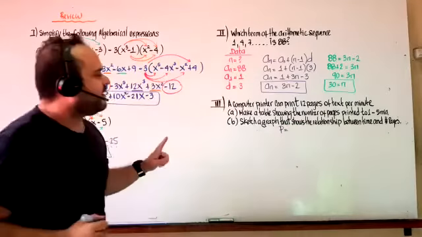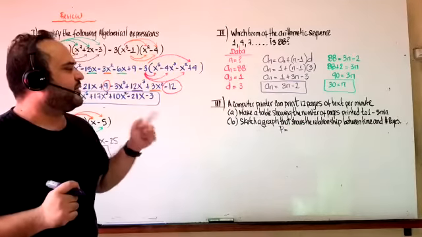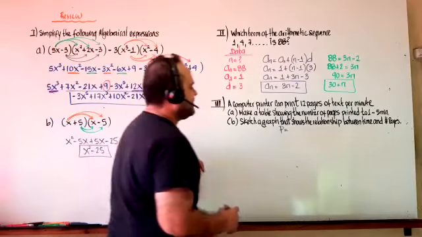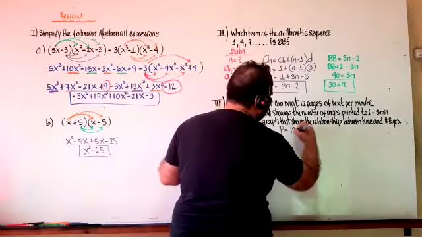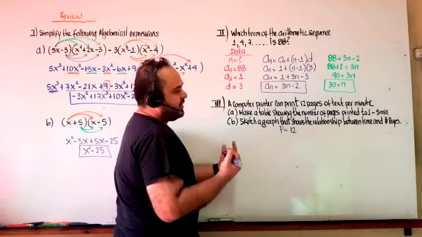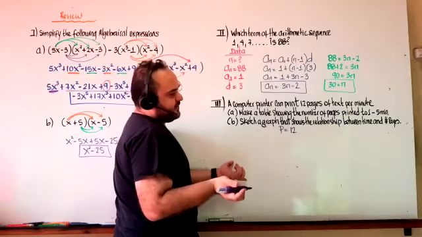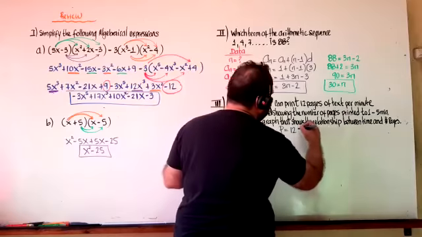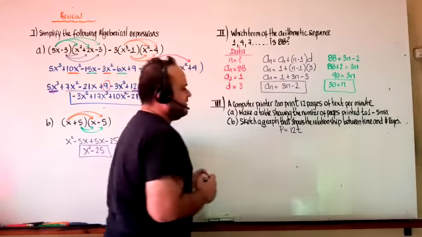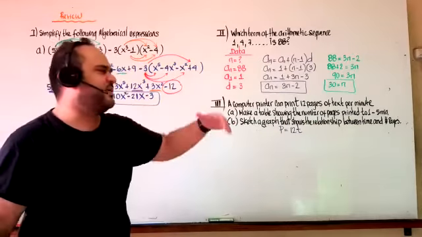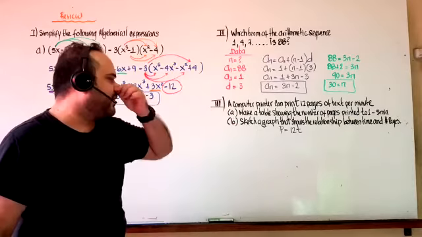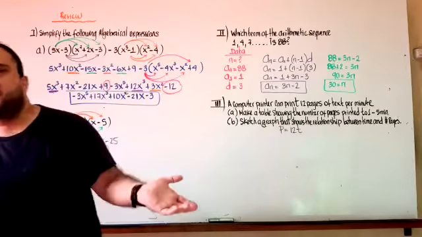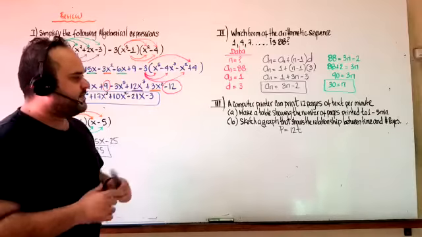Remember, the problem says a computer printer can print 12 pages of text per minute. What does that mean? I'm going to multiply 12 pages times the unit of time. And the unit of time can be represented by the letter T. We can use X, Y, Z, any variable, but I'm going to use the letter T because we're talking about minutes, and minutes represent a unit of time.